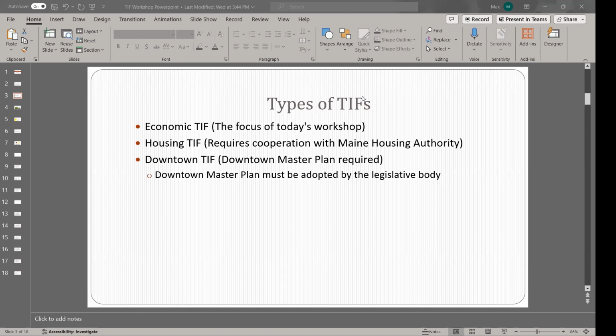And I mentioned the captured assessed value. There's some projects that are limited based on your projected captured assessed value. Fire station, for example. You're only allowed to have up to 15% of your captured assessed value or your estimated captured assessed value going towards such a project like that.